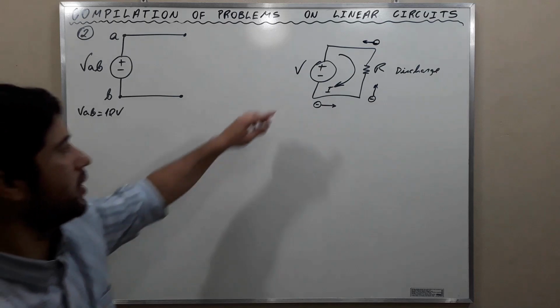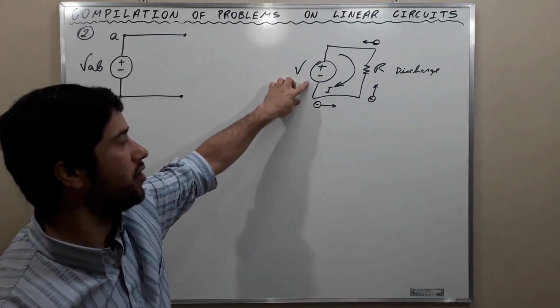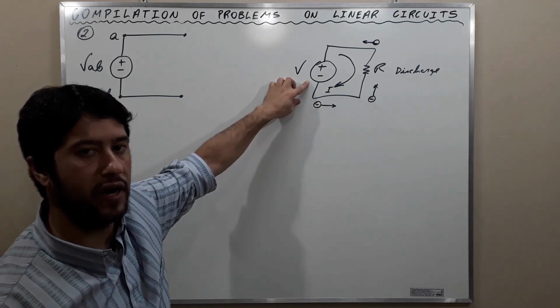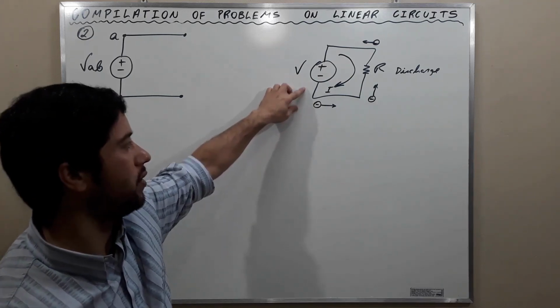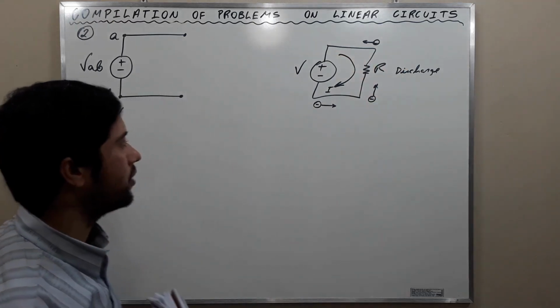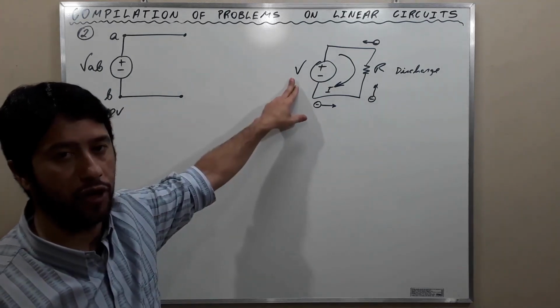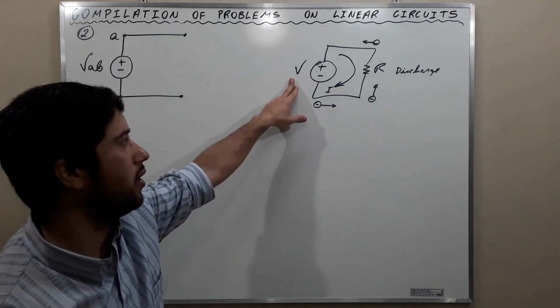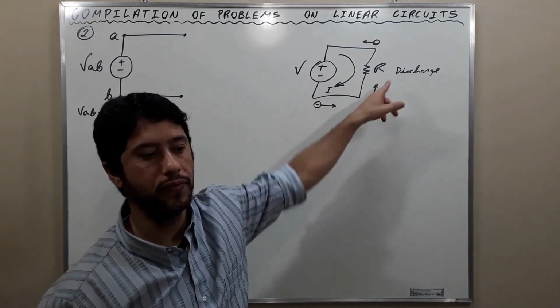Okay? That is, when the battery is fully charged, there is an abundance of electrons in the negative terminal, and they migrate towards the positive terminal. This is when the battery is discharging, that is, it is supplying power to a load.